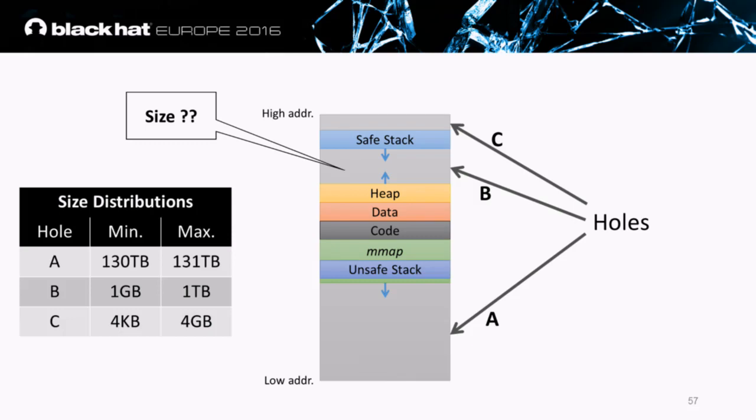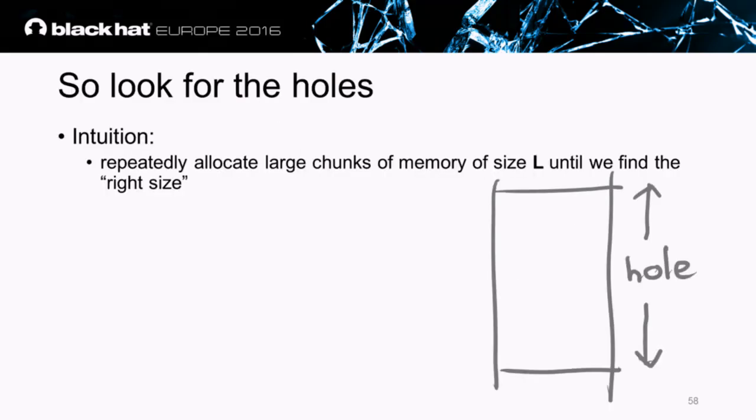In this memory model for the process, these three holes have a minimum and a maximum size. The idea is that we will try to allocate large chunks of memory, and by doing this repeatedly, we will try to infer the size of the hole.